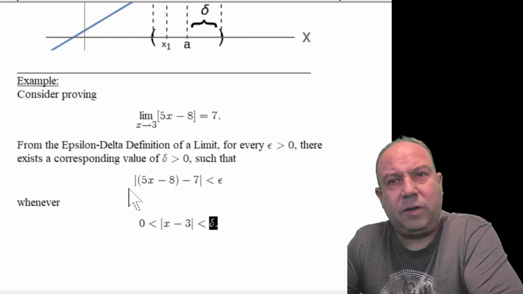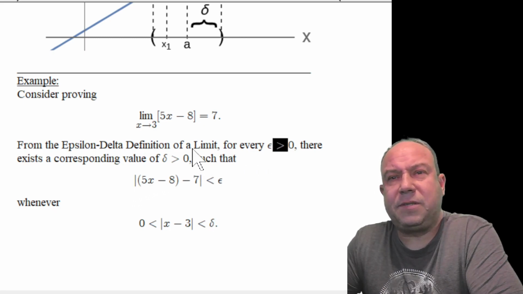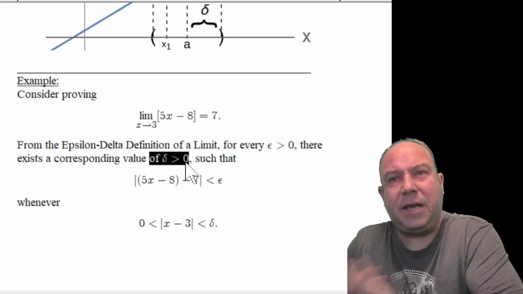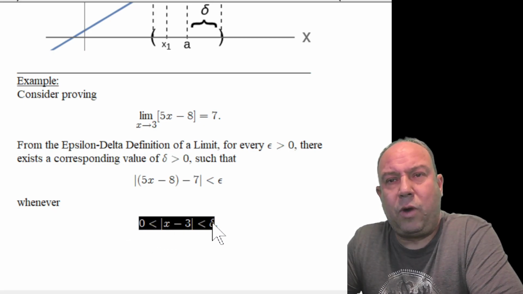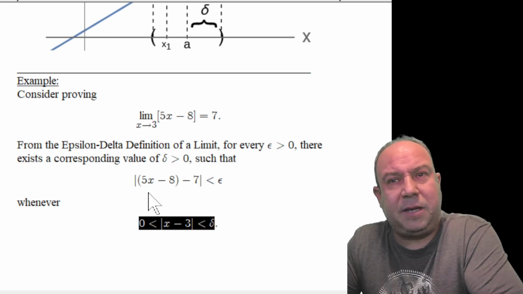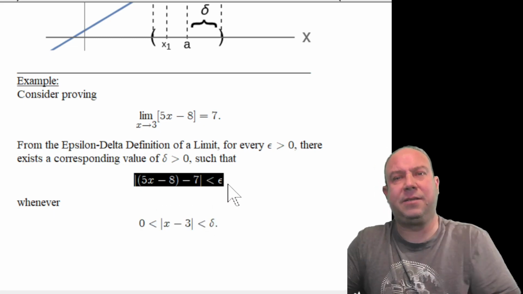This is what we need to show: that for every epsilon greater than 0, I can find a delta based upon that epsilon, such that when I set up this statement here, I can show it implies this statement here.